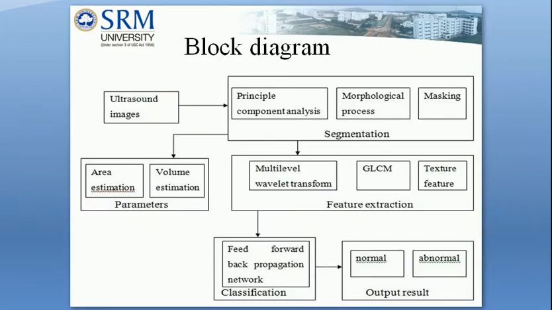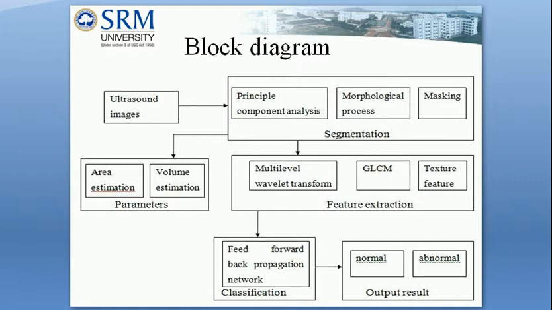This is the block diagram of this system. Here ultrasound is the input image. In segmentation we have a pre-processing step using principal component analysis, followed by the morphological process and then masking, where the segmentation output is given as input to the feature extraction, which further processes multi-wavelet transform, GLCM and texture feature extraction.